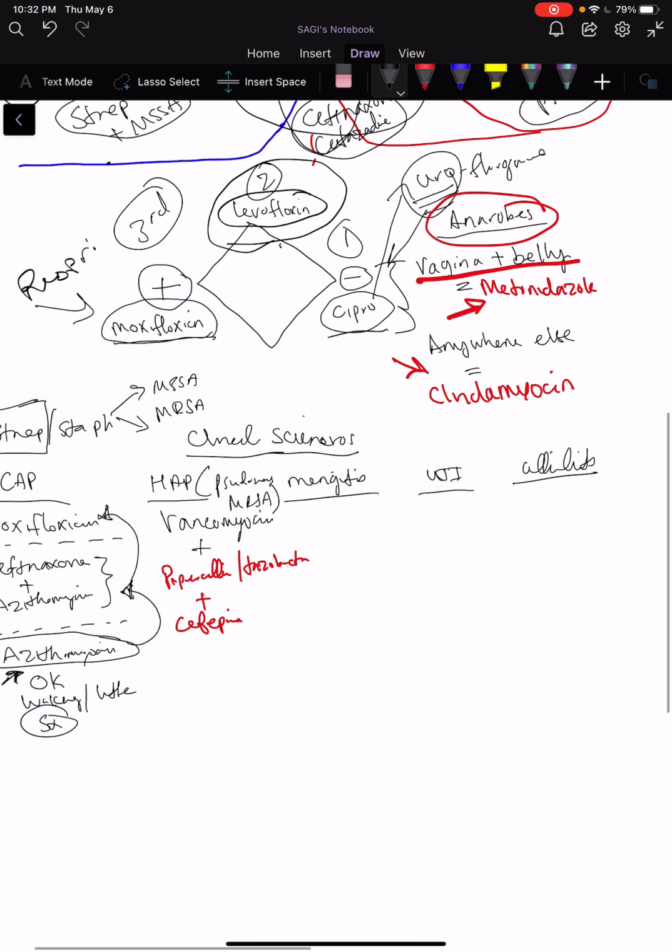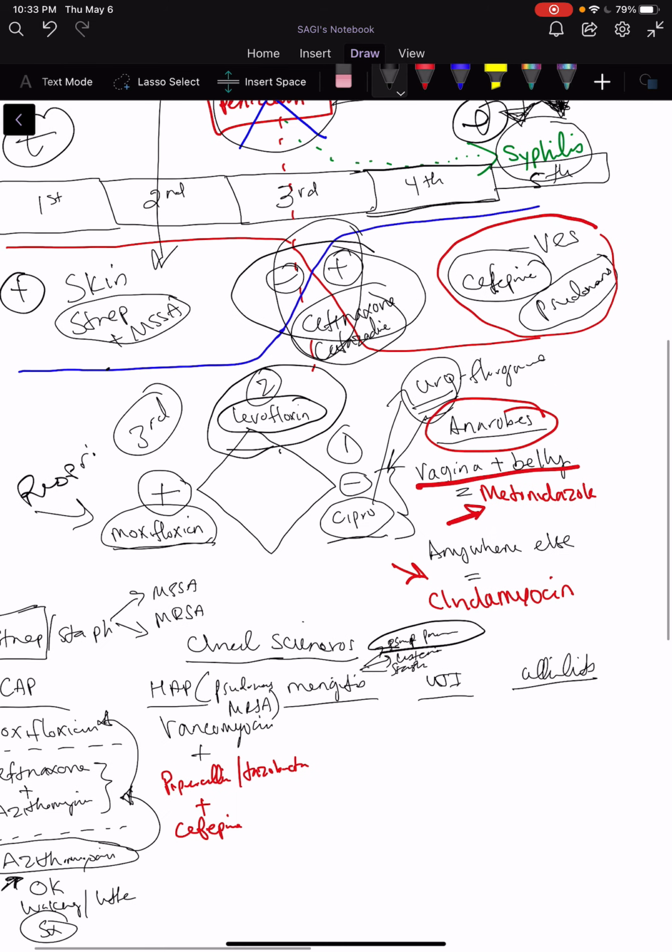Let's talk about meningitis. In meningitis, strep pneumoniae; in the elderly, you are talking about things like listeria. You can talk about staph sometimes. And so let's just take it one at a time. For strep pneumonia, what can we do?